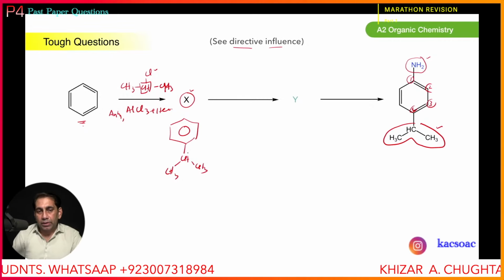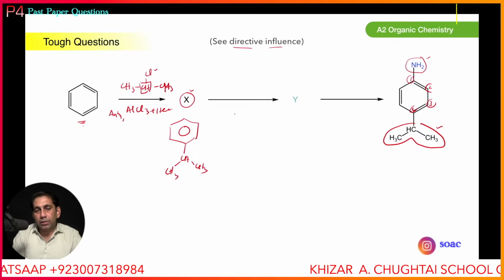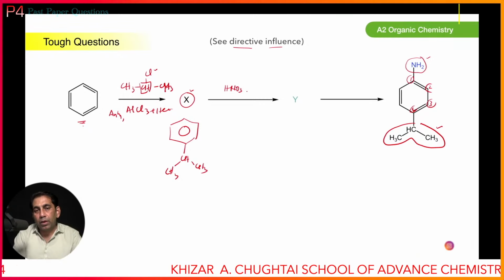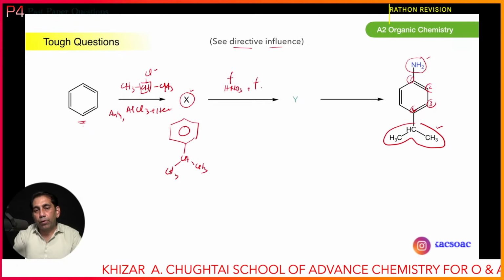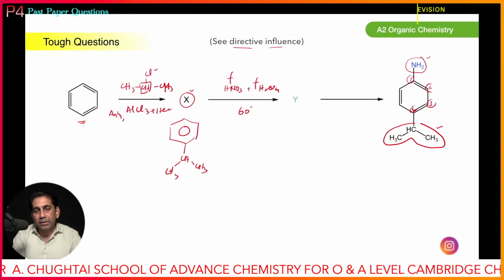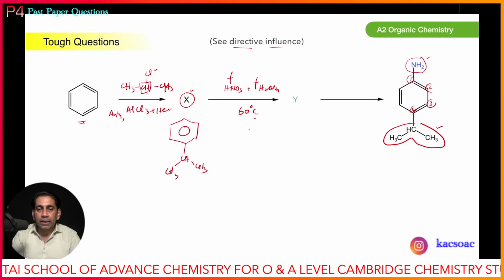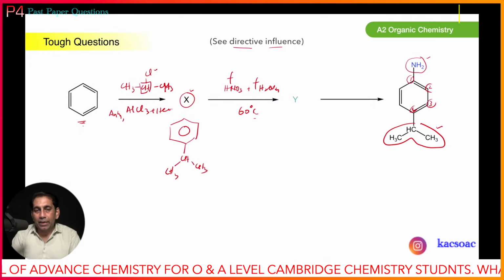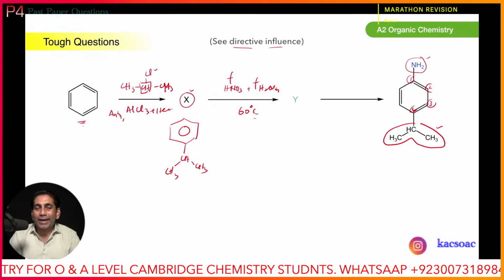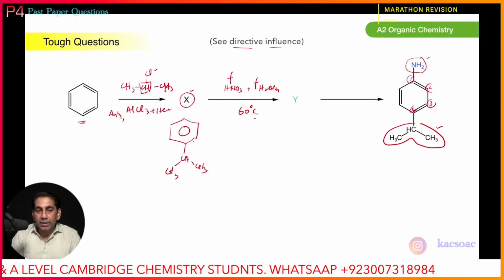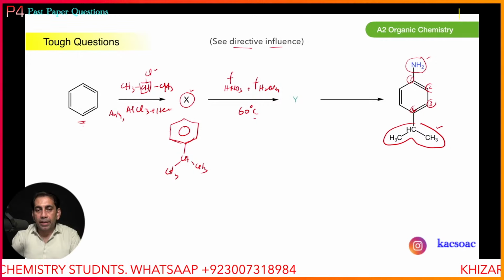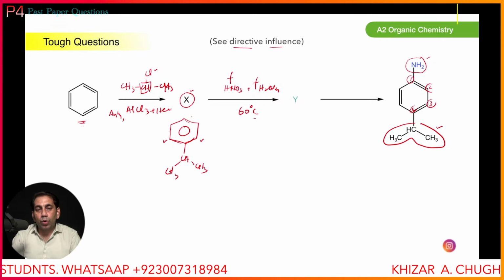Next one, after this one, I'm going to do nitration. HNO3 fuming plus fuming H2SO4, fuming meaning concentrated, and 60 degrees Celsius at least. So what will be done? Basically, this is an alkyl group and it is an ortho-para director group. It will give the chance to the incoming electrophile to sit over there.